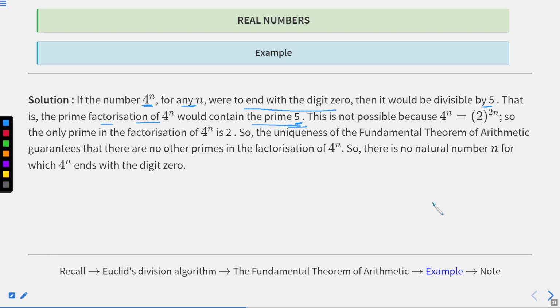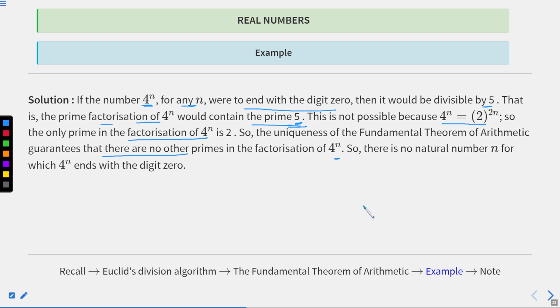So this is not possible, because 4 to the power n can be written as 2 to the power 2n, and so the only prime in the factorization of 4 to the power n is 2. The uniqueness in the fundamental theorem of arithmetic guarantees that there are no other primes in the factorization of 4 to the power n.